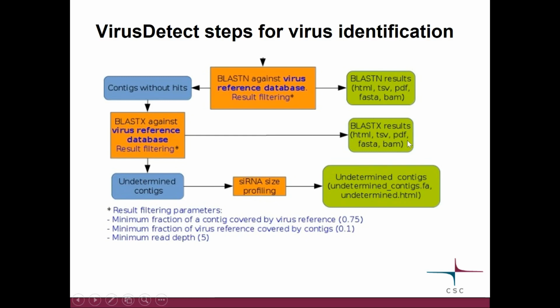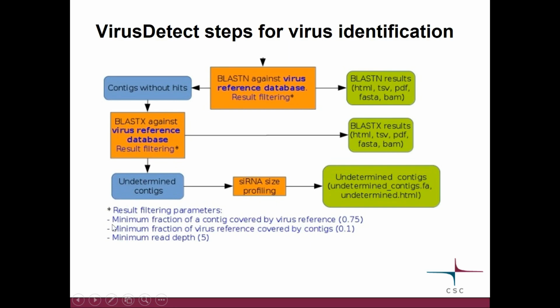And then those results are reported as well. If there are still contigs that didn't match anything, then those contigs are reported separately, and the size distribution is shown so that you can judge which ones are potentially coming from new viruses.